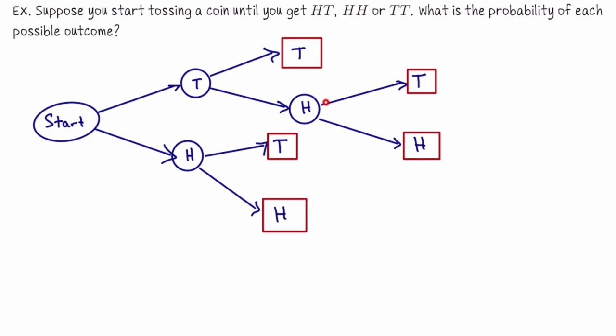So being at this state, this heads right here, and needing to flip again, is really the same as being at this state. So while I could have these separate, it wouldn't lead to the wrong answer. I think it would be better if I took this whole branch here, kind of merged it with this one.